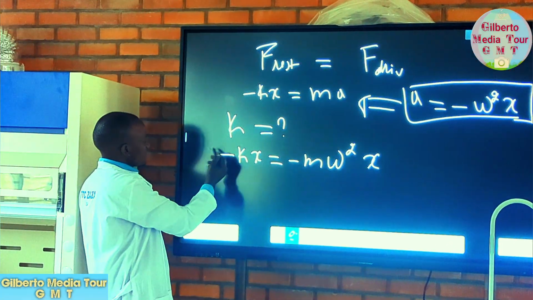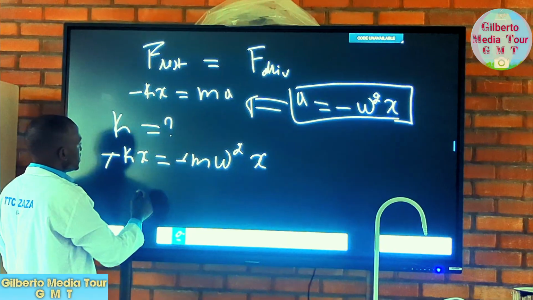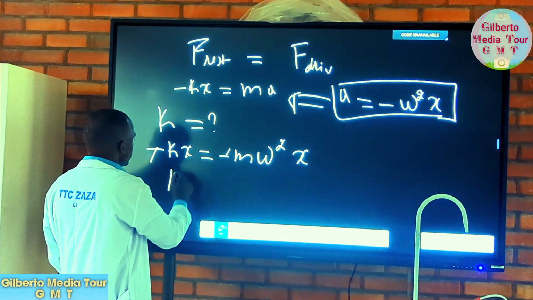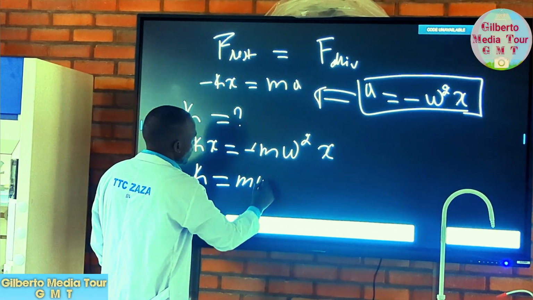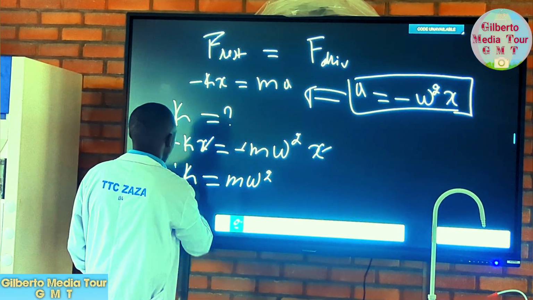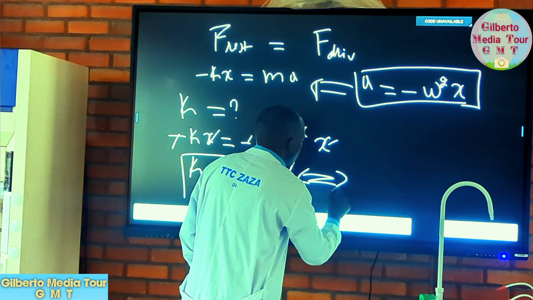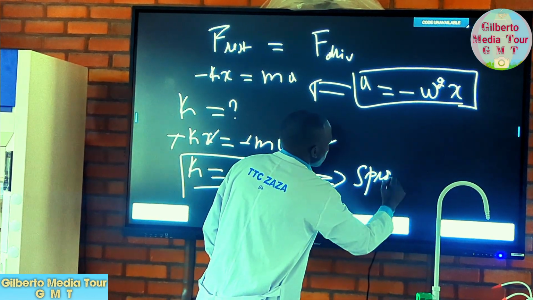So the negatives will cancel out, and the x will cancel too. Then we will have k equal to mass times angular frequency squared. This is what we call the spring constant.